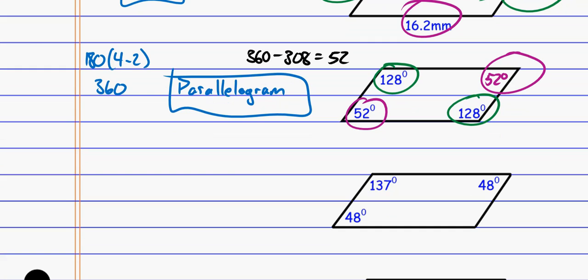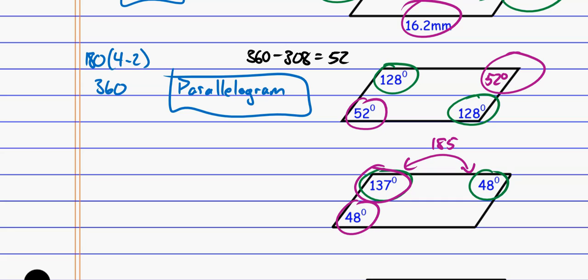Okay. So for this one, I could do the same thing. I could find that missing angle and see if the opposite angles are congruent. Or I could just check consecutive angles. But keep in mind, once again, I would check these, but then separately, I would check the other pair of consecutive angles. Remember, every angle has two consecutive angles, so I have to check each. So like here, when I add these guys together, it gives me a 185.